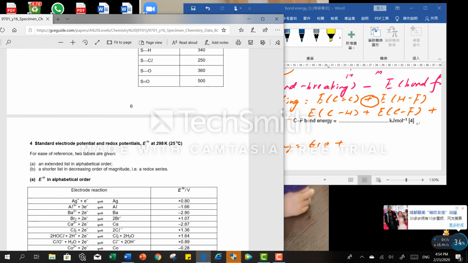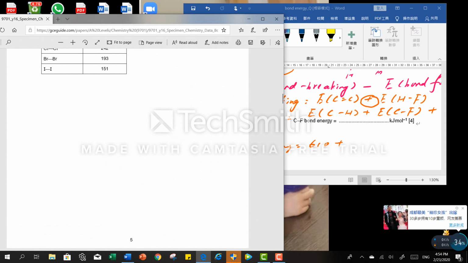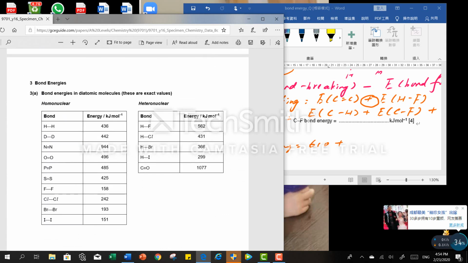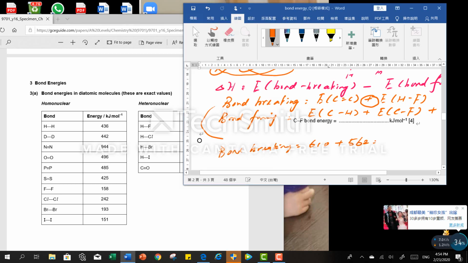H-F bond is here, the first one, the right hand side, the top one, 562. Okay, then we work out this number. So it's 1172.